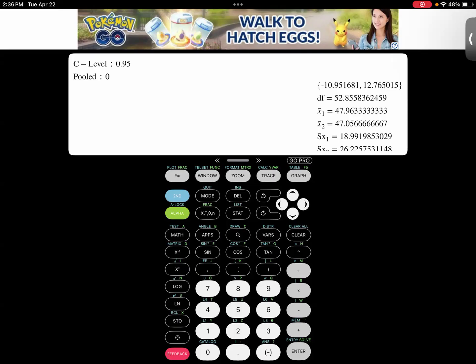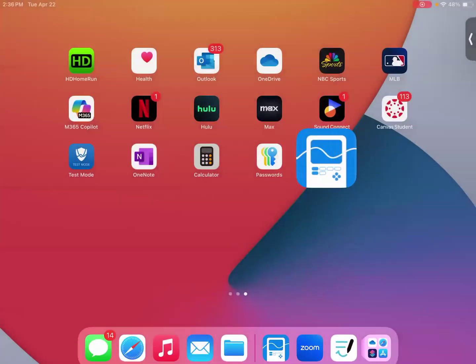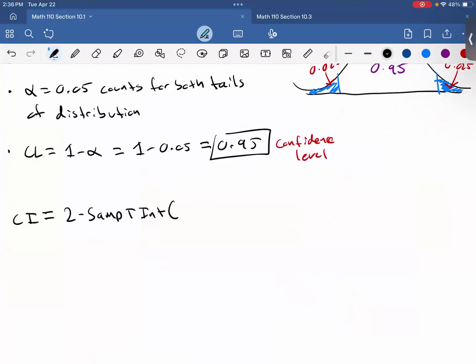Okay, so let's go ahead and write this answer out and also our calculator work. So 2SampTInt, we chose the data option. We had to use list 1, list 2. Frequencies were 1 and 1.